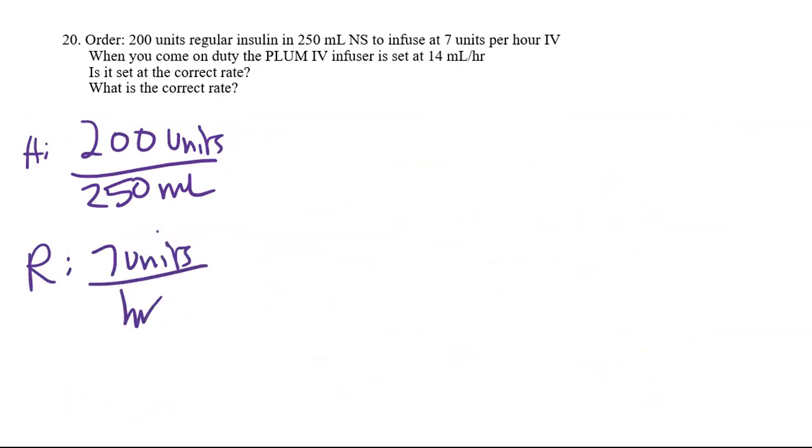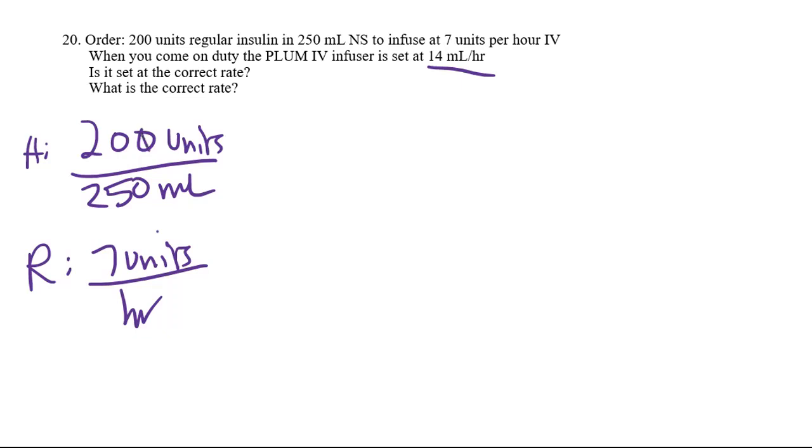So when you come on duty, the IV infuser is set to 14 mLs per hour. Is it set at the correct rate? What is the correct rate? This is the rate it's actually being infused at, but the order is to infuse at 7 units. So the question is, is 7 units per hour the same thing as 14 milliliters per hour?